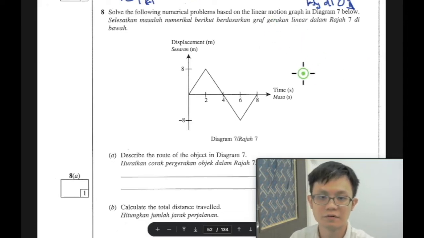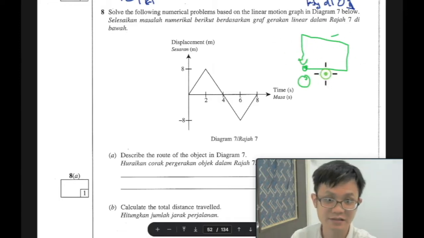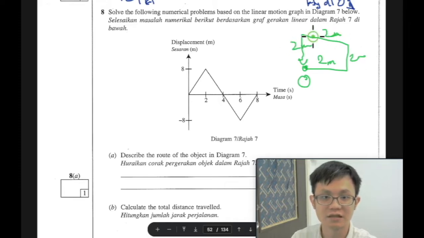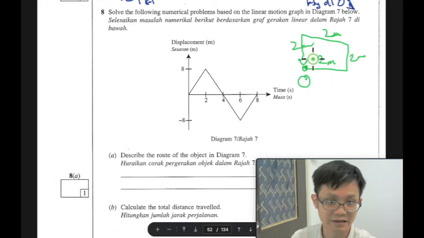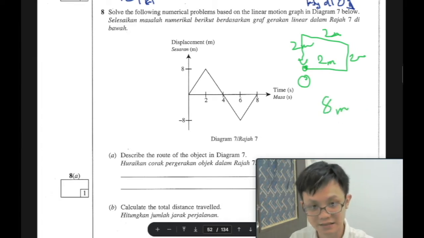So probably from here to here to here to here, the displacement is 0 because he goes back to the original place. But if here is 2 meter, 2 meter, 2 meter, 2 meter, the total distance that he has walked is 8 meter. Yet the displacement is 0.